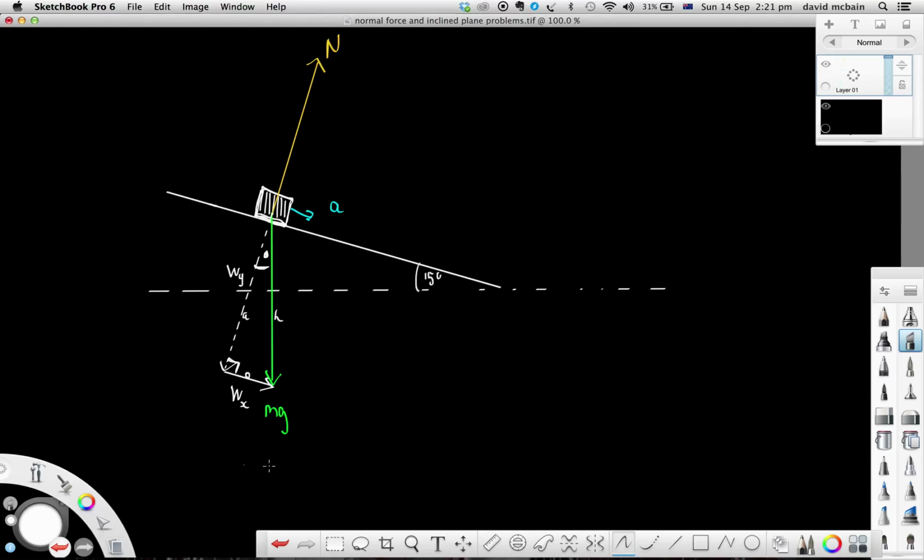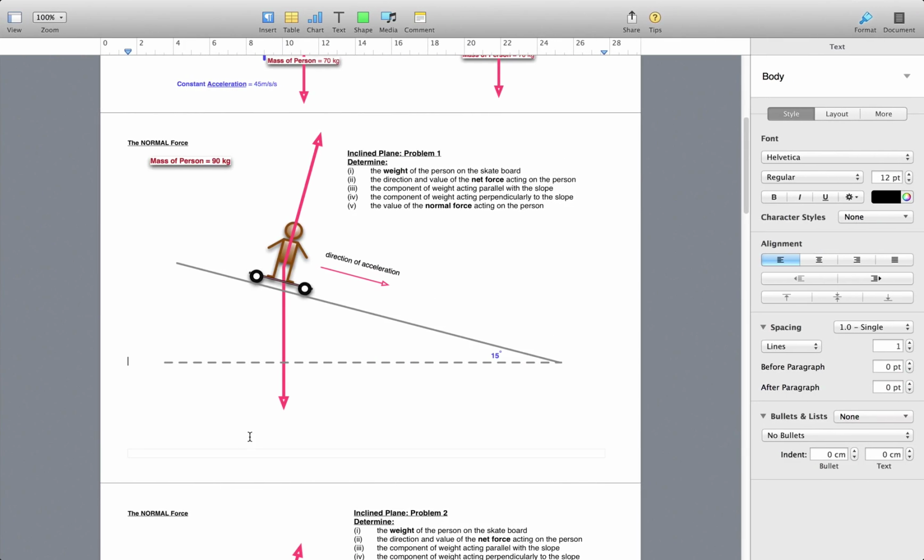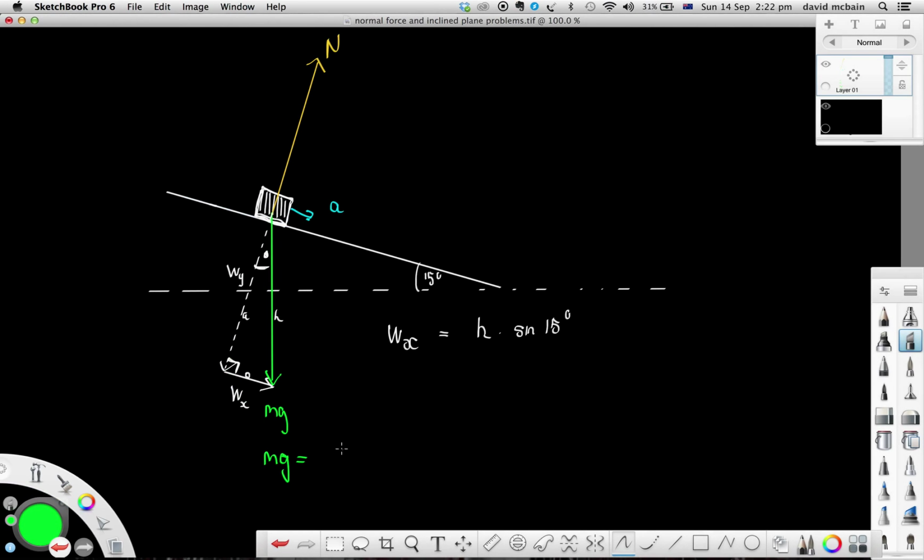So Wx will equal the hypotenuse times the sine of 15 degrees, and the hypotenuse is the weight force. And I suppose we've got to work that out, haven't we? So mg is going to equal, what was that? I think it was 90 kilograms. So just check that. Yes, 90. So it's going to be 90 multiplied by 10. I'll go with 10 just to make things easier. So that's 900 newtons.